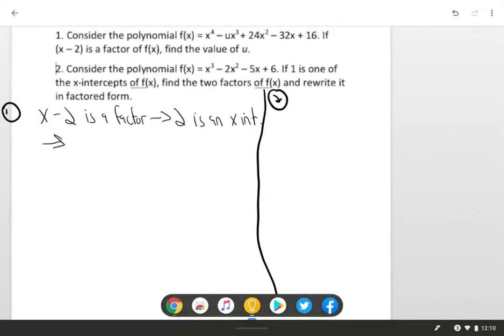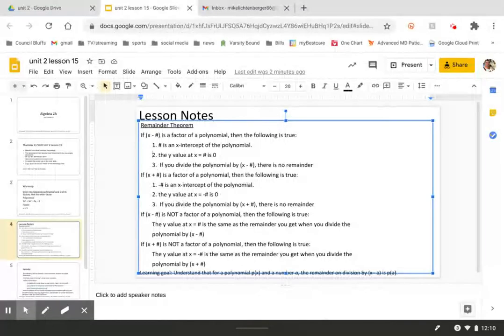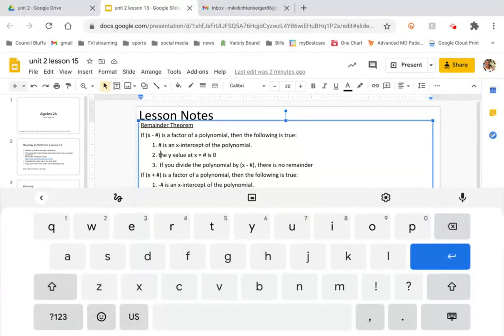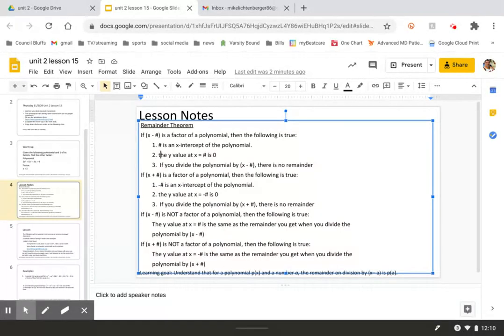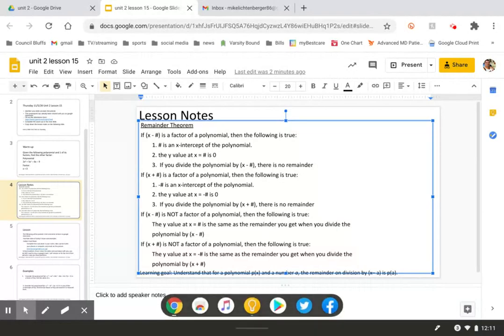Now, why is that important? Remember, x-intercepts are also known as zeros. So because 2 is an x-intercept, this second thing here is also important. The y value at x equals 2 is 0.